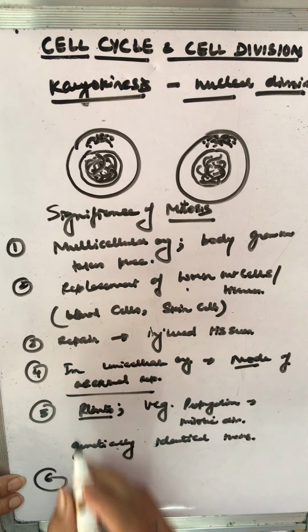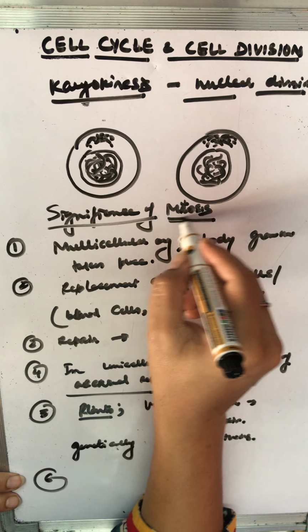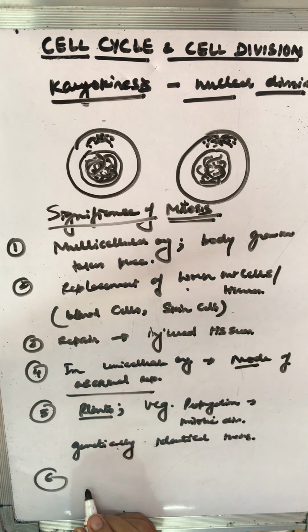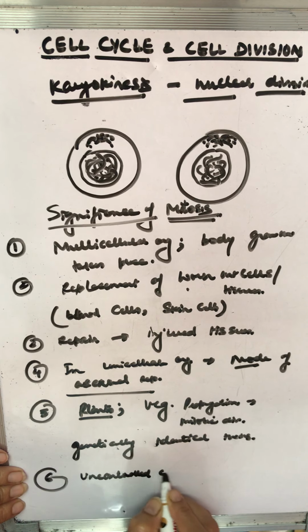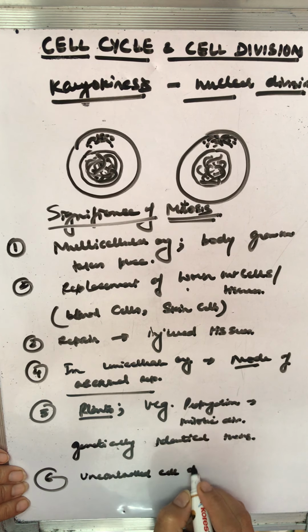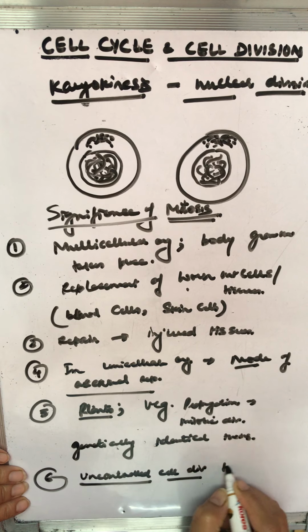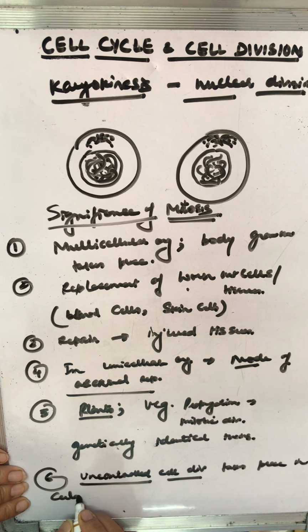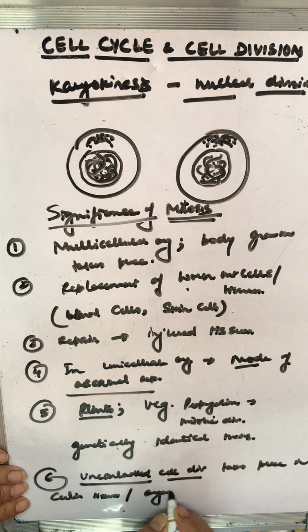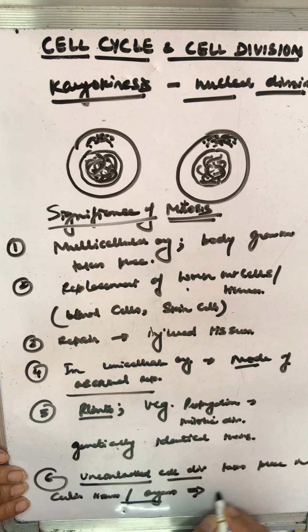But when so many things are going on in significance, we should also discuss what is not going according to what is expected. It means if uncontrolled cell division takes place in certain tissues or organs, it will result in tumor.